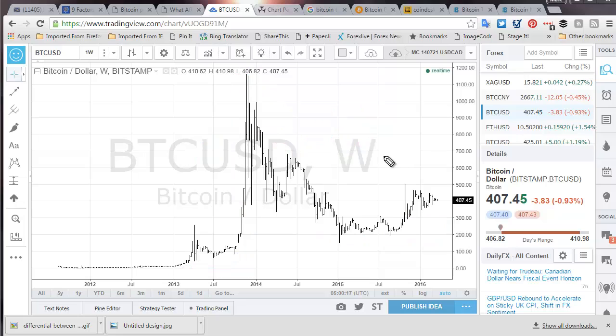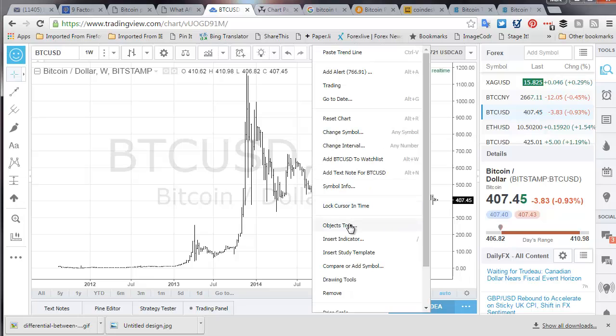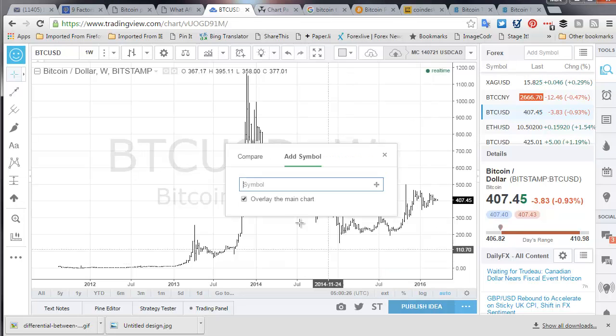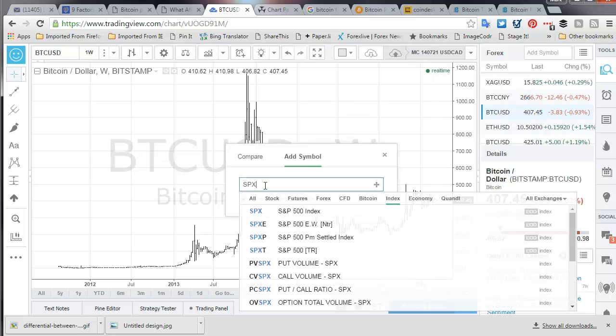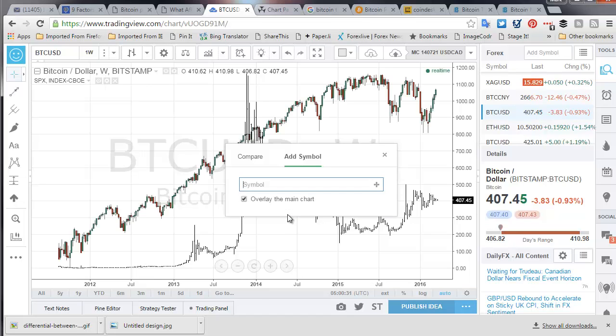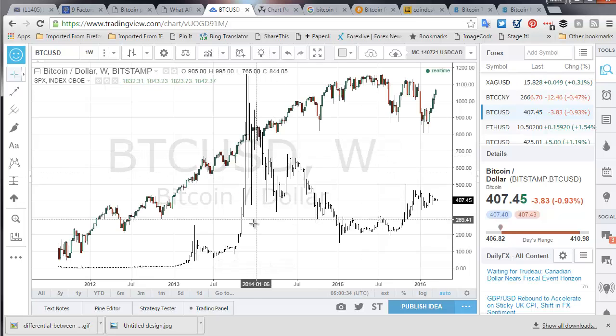Now, can we say there's a correlation with the US markets? I will put the US markets on the chart the same way as we did with the Aussie dollar. SPX, S&P 500, and we know that this change here is to do with transactions. We've got the US market progressively climbing over here, so one can argue that the US market's rising, people are selling their Bitcoin to participate in the US market.